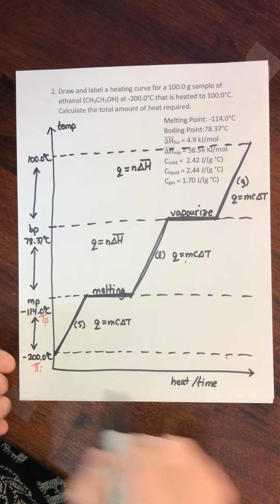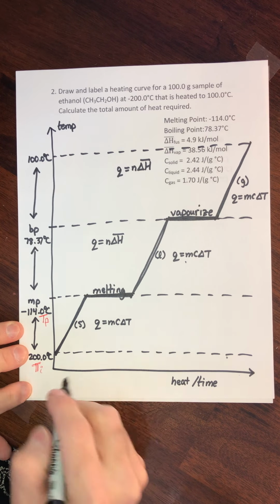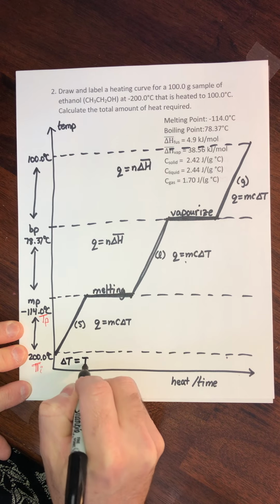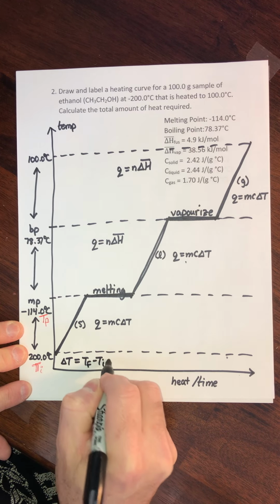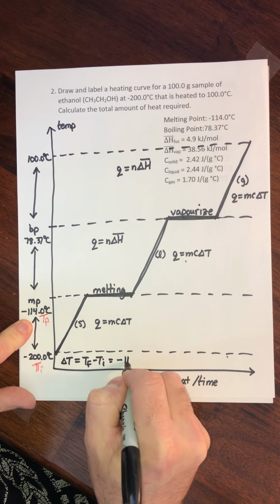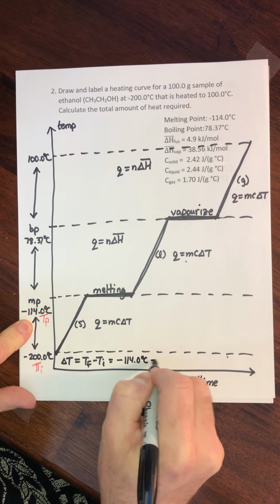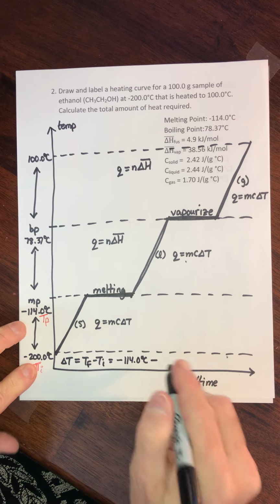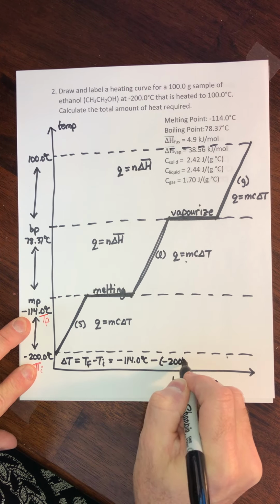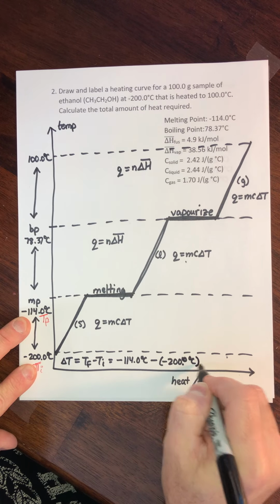If I want to find my delta T, maybe we'll squeeze it in right here. So delta T is T final minus T initial. My final temperature is negative 114.0 degrees Celsius, minus my initial, which would be negative 200.0 degrees Celsius.